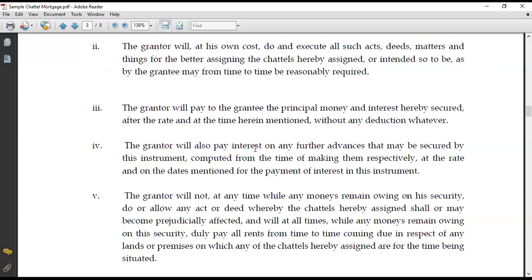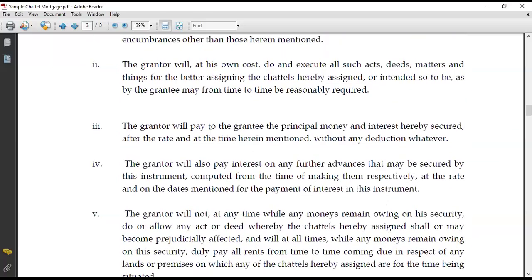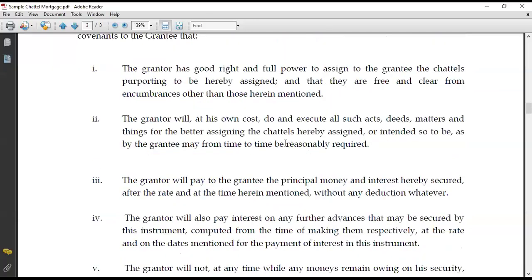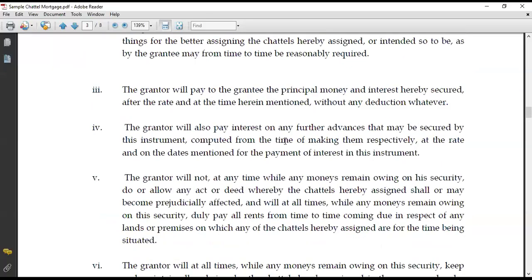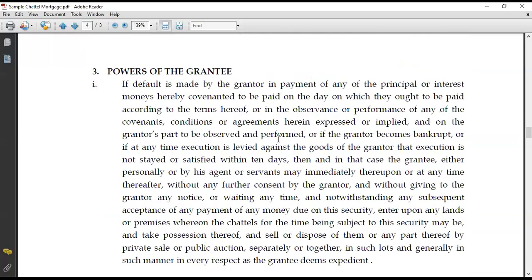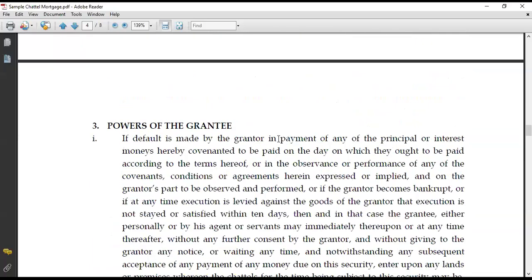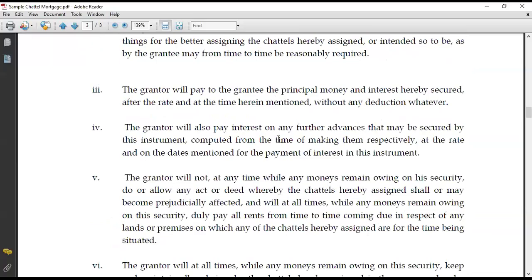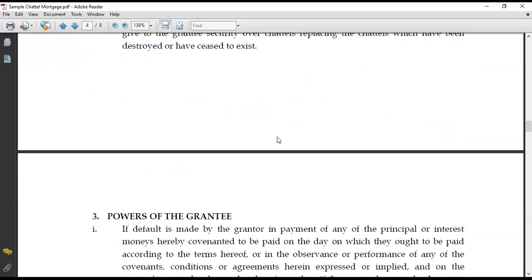That is one. The next is the grantor will pay the grantee the principal money and interest hereby secured. You must guarantee that, your covenant as a grantor. You must say that.